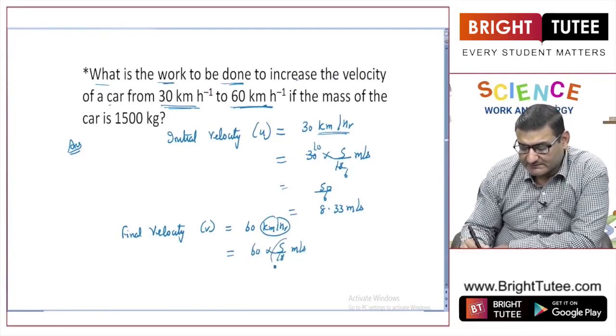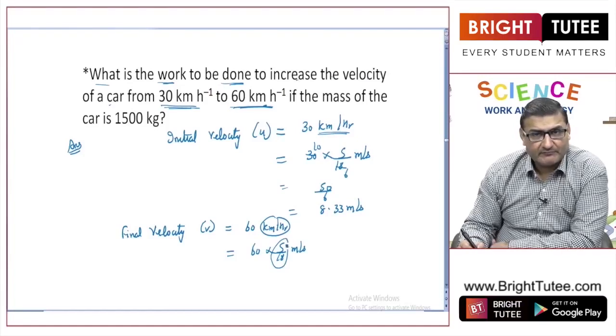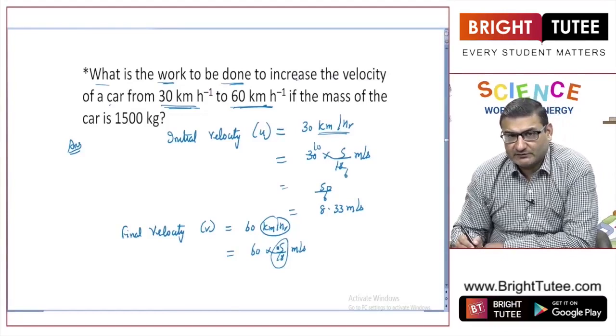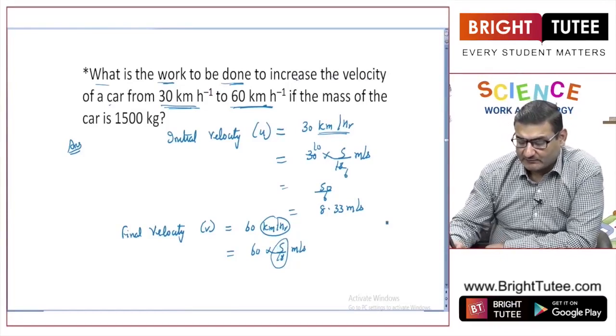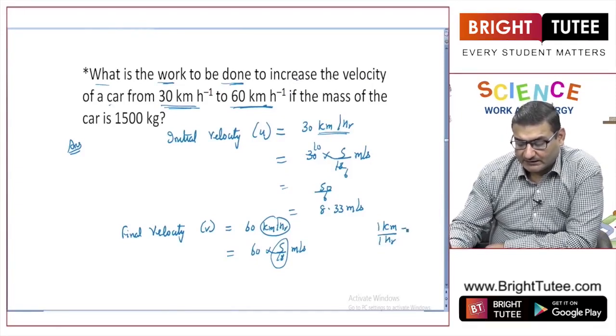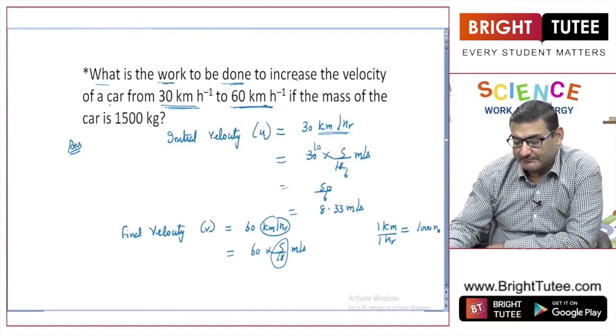Now from where does this 5 by 18 come? If you have watched the earlier videos I have already told, but if you are watching this video for the first time, then we know that kilometer per hour is 1 kilometer by 1 hour. If we need to convert it into meter per second, there are 1000 meters in 1 kilometer and 3600 seconds in 1 hour.